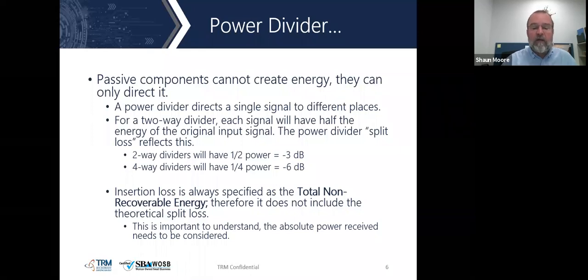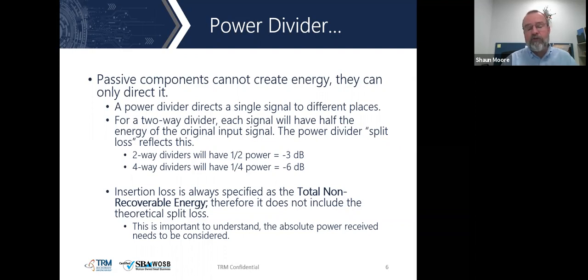It's important to understand that as we're coming through these sorts of dividers, there is a difference between split loss, which theoretically just happens, as well as the non-recoverable energy. That's important to consider when you're doing system analysis.